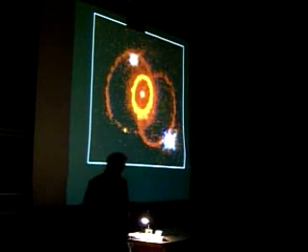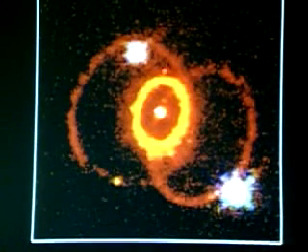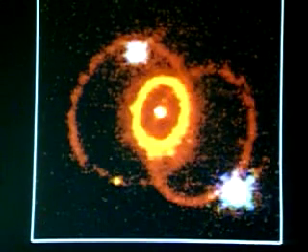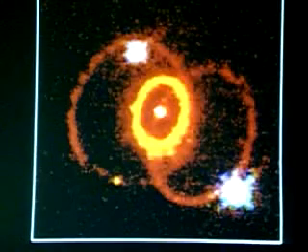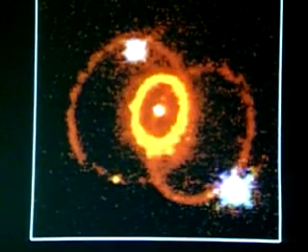And so 8 months after the supernova explosion, the ultraviolet light and the X-rays from the supernova caught up with this ring of matter, and they excited it, and it became visible. Before the supernova explosion, this ring was not visible.